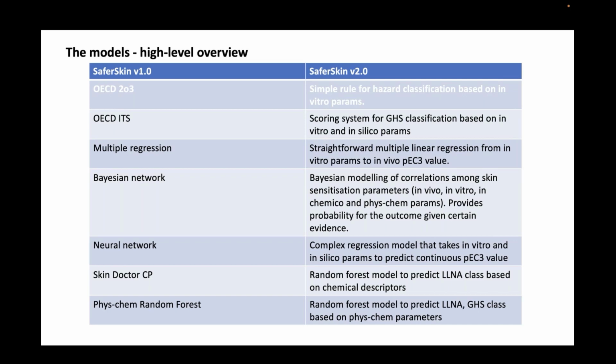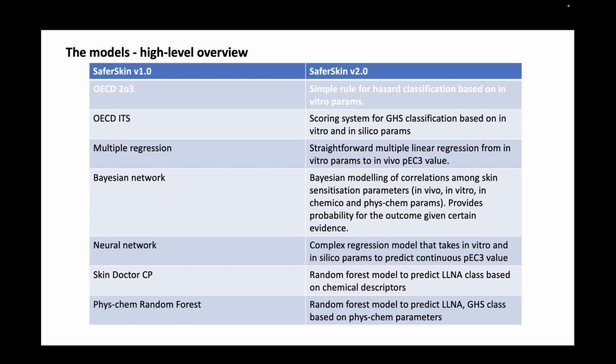Then the Bayesian network, this is maybe the most complex model because it's actually a model of all the correlations among all the skin sensitization parameters, so in vivo, in vitro, in chemico, and physchem parameters. And it provides you with a probability for different outcomes given evidence.